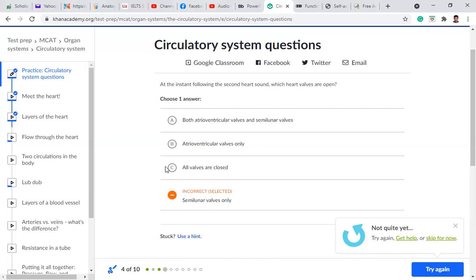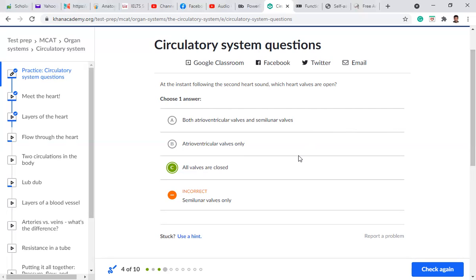So at that point, let's see, atrioventricular valves. We've already passed the atrioventricular valve because the blood has already left the ventricle, so it has nothing to do with the atrioventricular valve. The atrioventricular valves close after the blood left the atrium to the ventricle. So they are closed.